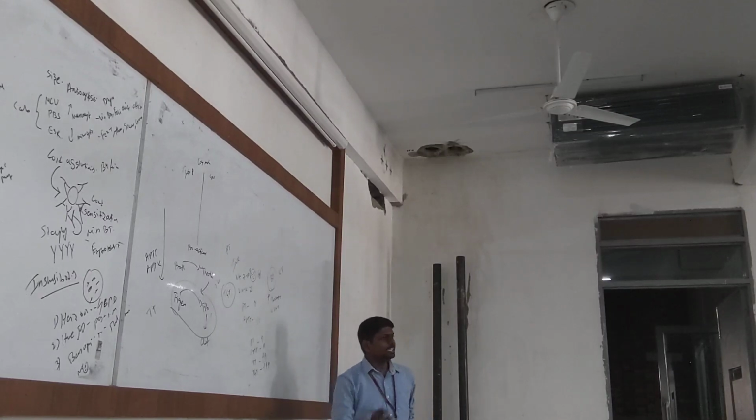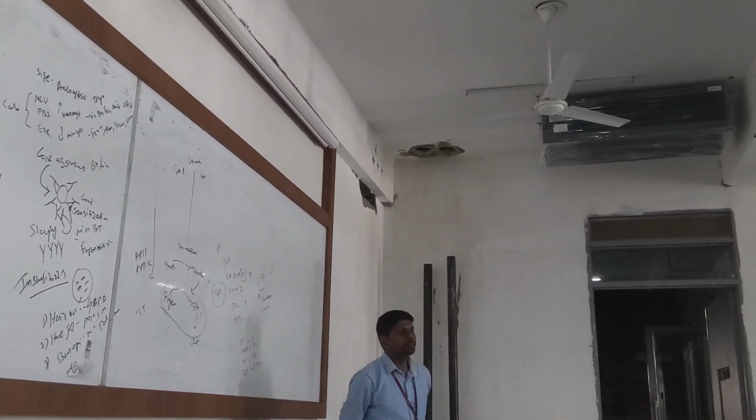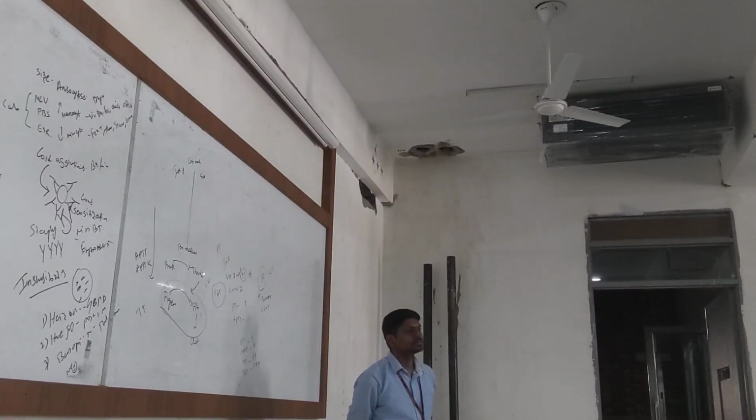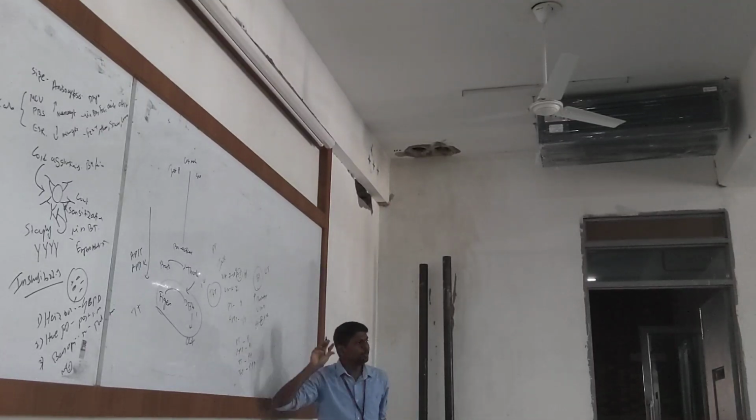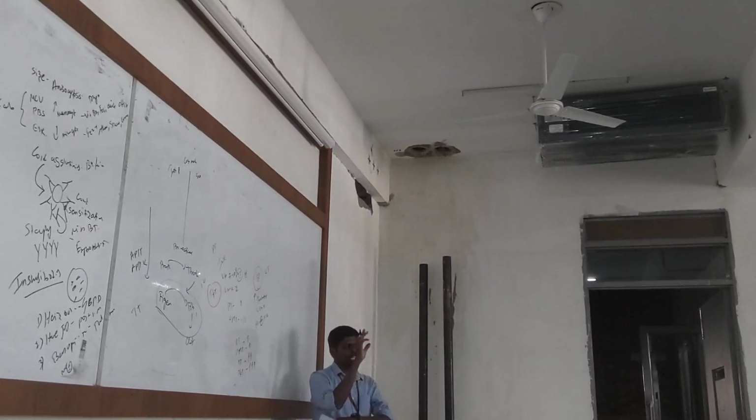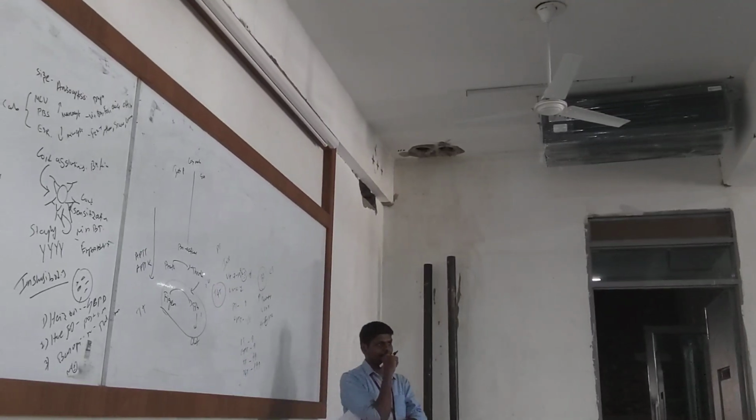What will be the case in hemophilia A? Hemophilia A is a factor 8 deficiency. What will be the bleeding time in factor 8 deficiency?